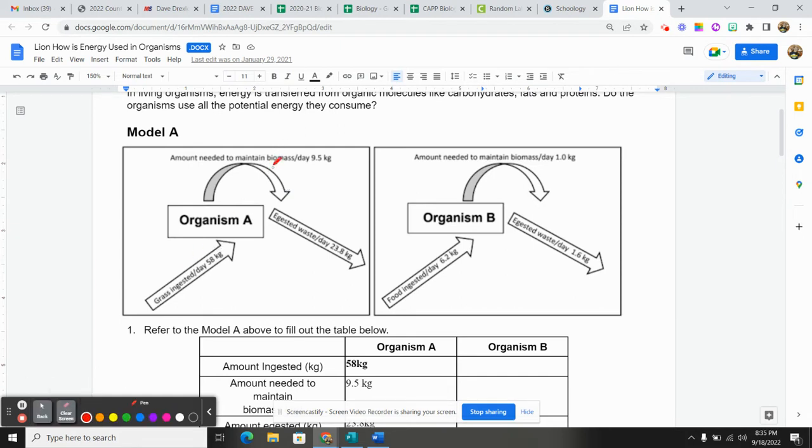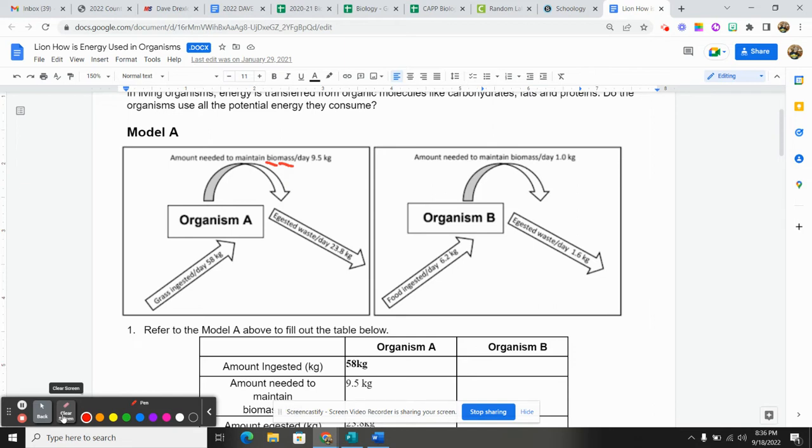Biomass, if we break down that word, that root word bio means life, and mass is the amount of stuff inside of a thing. So biomass literally means living stuff. So the amount of energy needed to maintain your biomass, that is energy that goes towards maintaining your protein, making muscles, making bones, growing.